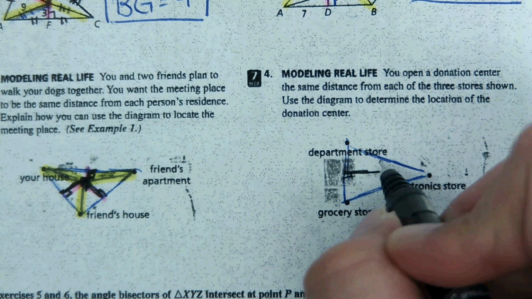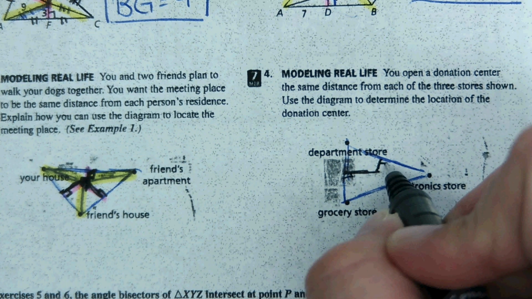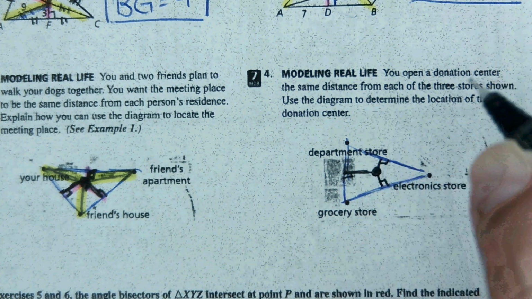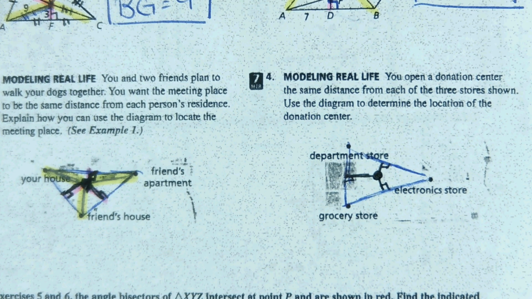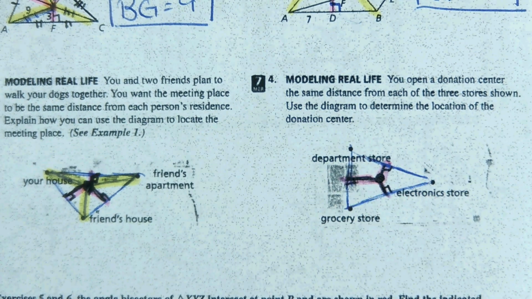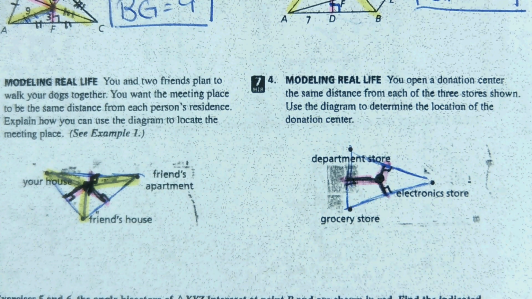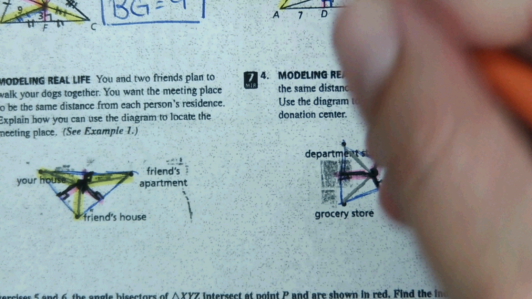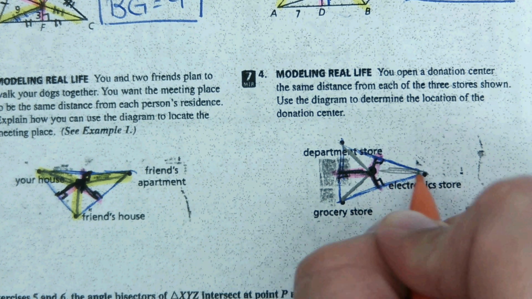I'm just eyeballing it, so it might not be perfect. And it goes to this point. So these lines would be the pink. And then from here, drawing a line to each of those corners, this will all be the same distance.